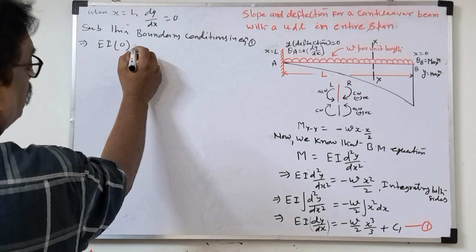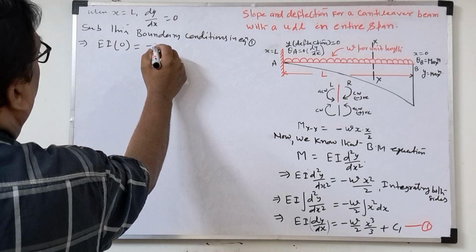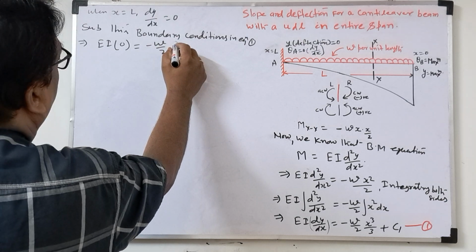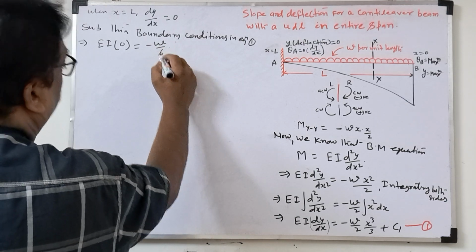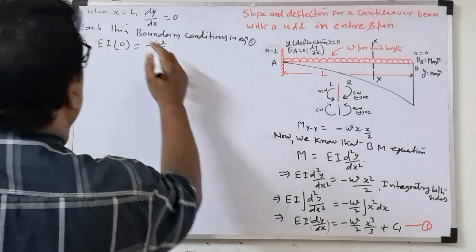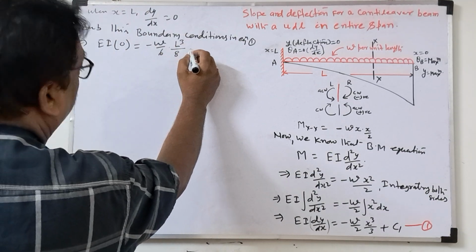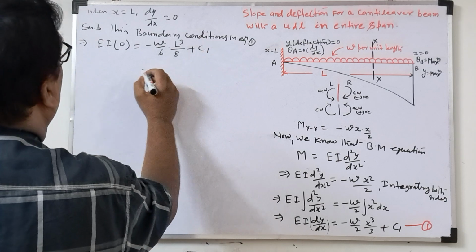EI times 0 is equal to minus W by 2, x cube by 3, which is 6 in the denominator, with x equal to L, so L cube, plus C1.